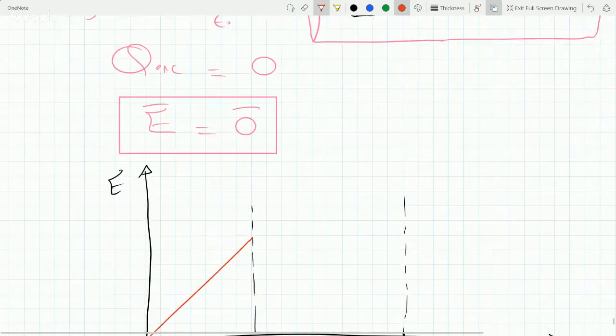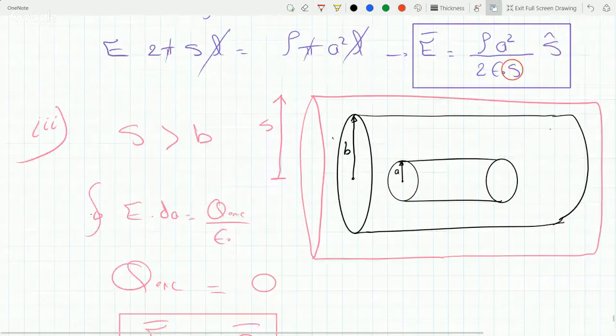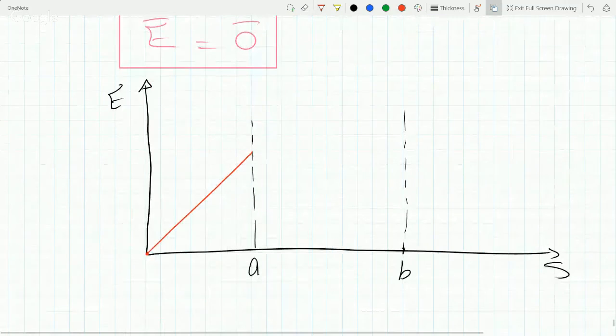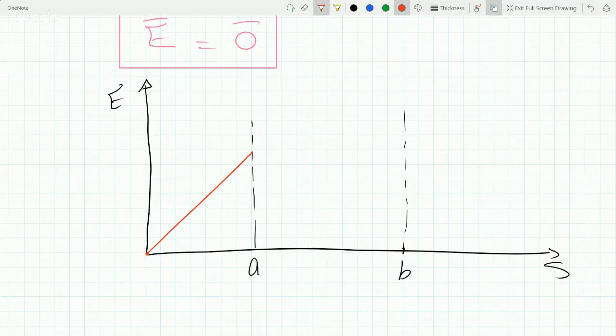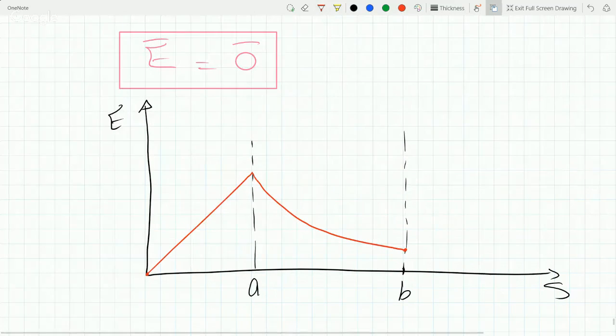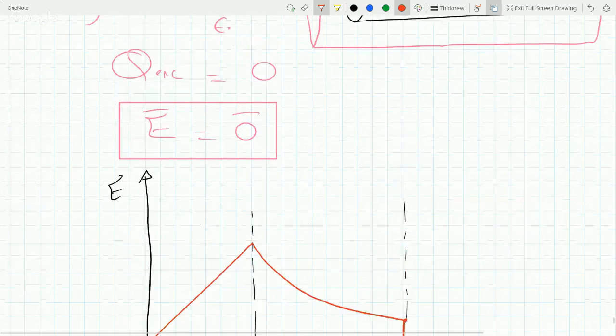As S increases, this is in the denominator, so the electric field will decrease in a hyperbolic way. So let's say it goes something like this to here, for example. And then all of a sudden it drops down to 0 when we are greater than B. So greater than B, it just goes to 0. So this is the sketch. That does it.